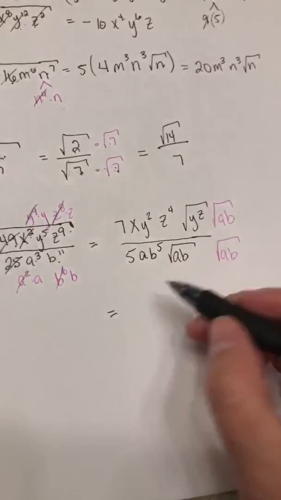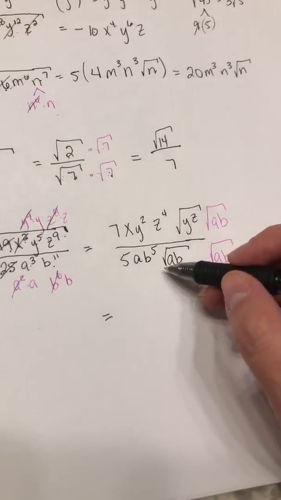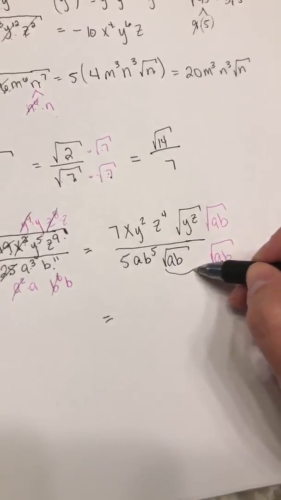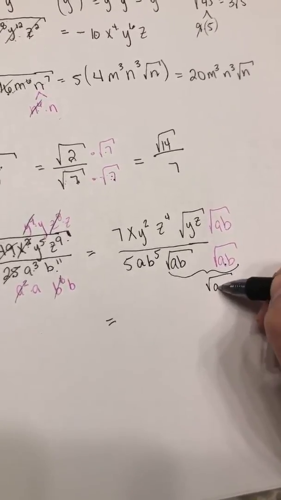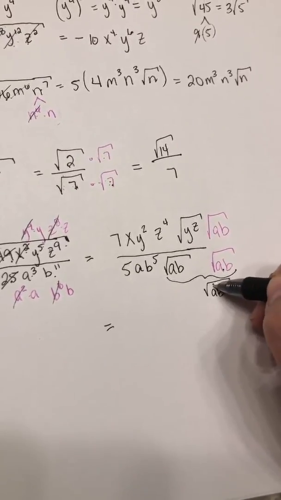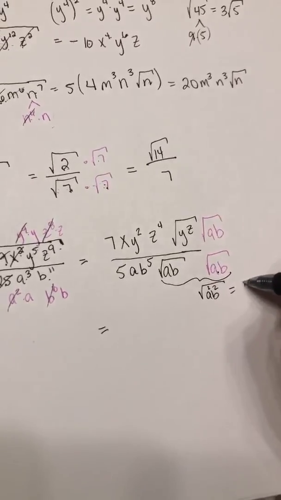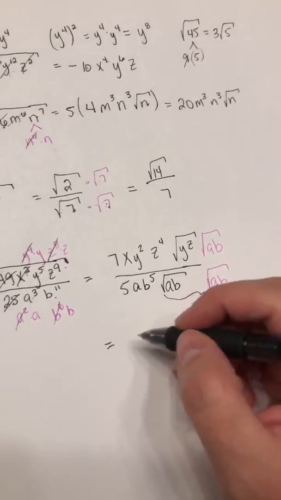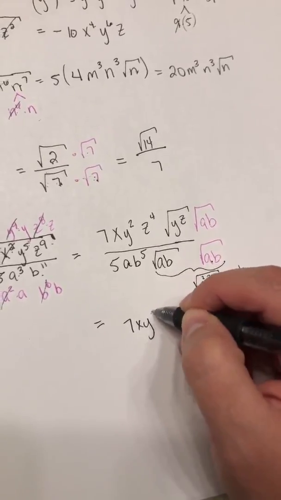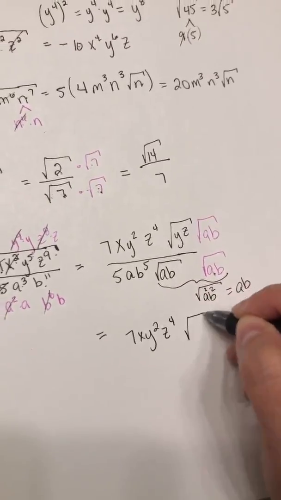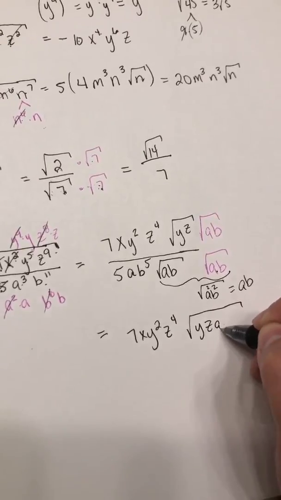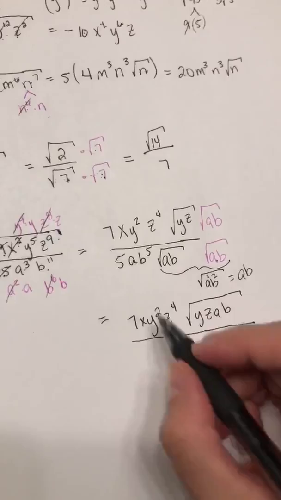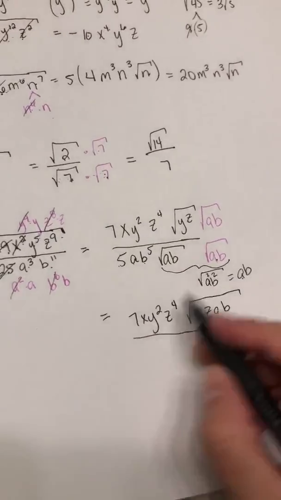And the reason you do that is because then you get the square root of ab times the square root of ab. This is the square root of ab squared, or a squared b squared, however you want to think about it, which is just ab. The square roots cancel. So I would have 7x y squared z to the 4th times the square root of yz ab, all divided by, you've got 5ab to the 5th times ab.